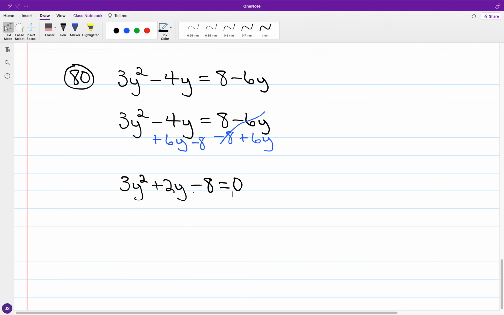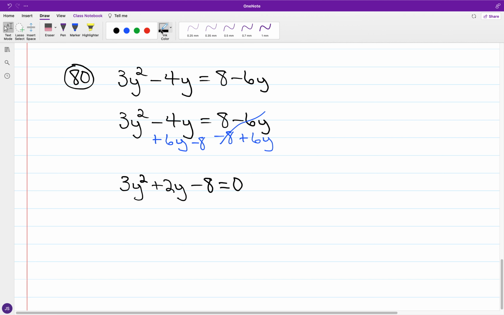Before I look into factoring, if you were to utilize the quadratic formula, that is a viable approach, but it would require extra steps in terms of reducing. But you can use the quadratic formula for this.